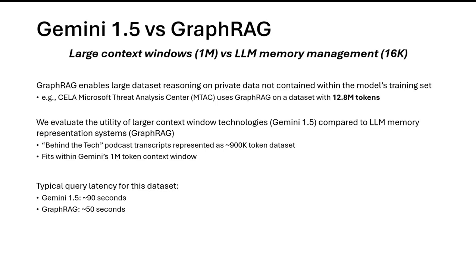Typically, the response time was approximately 90 seconds for Gemini, even though it has the context in the prompt itself. And GraphRAG was significantly faster in comparison with the long context. So 40 to 50 versus 90 seconds, both are slow, to be honest, for a single prompt. But again, GraphRAG is almost twice as fast.